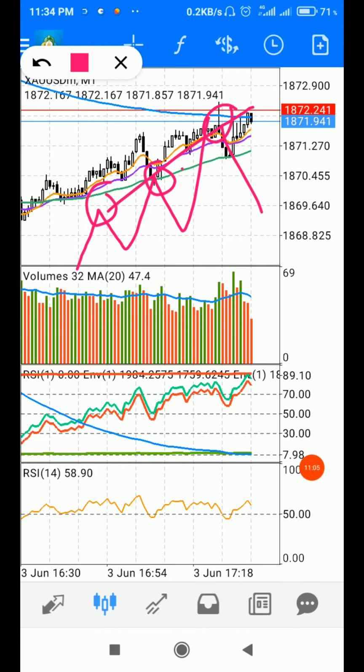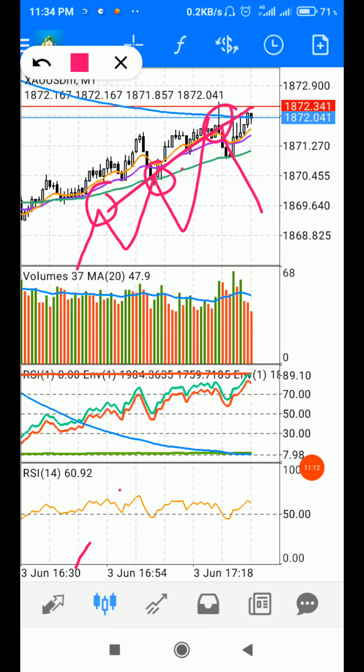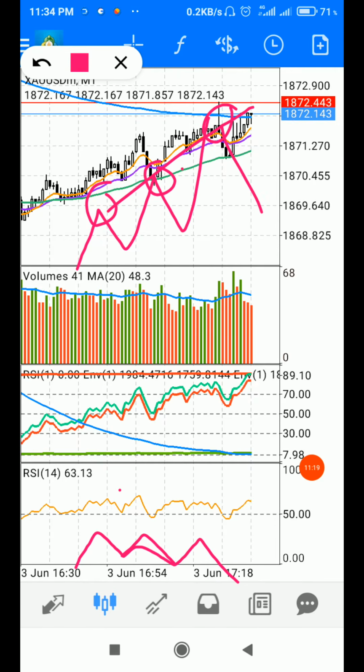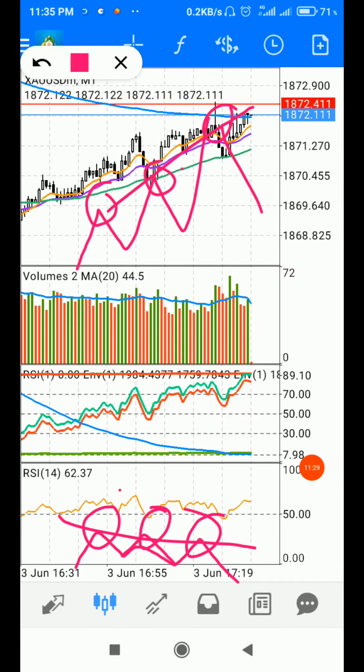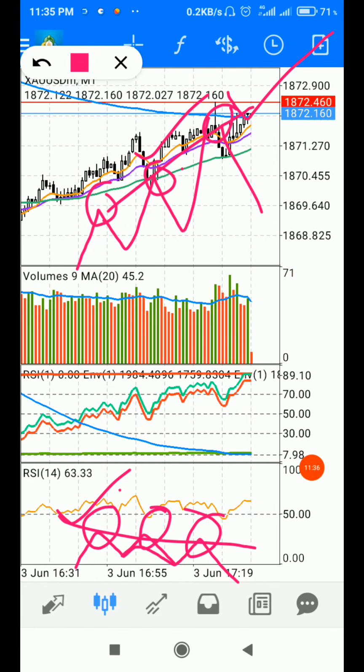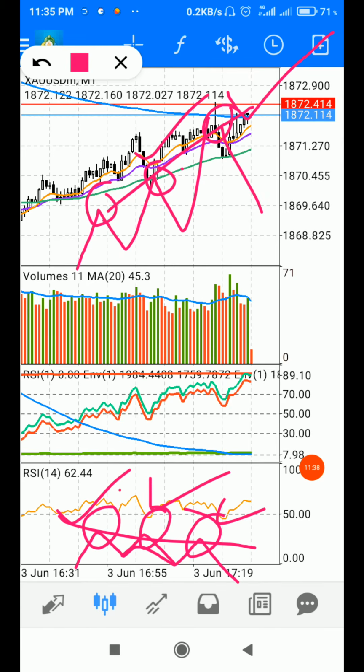And whenever you see a divergence like that, whenever you connect this high, this is a higher high, this is a higher high, and this is a high but a lower high and a lower high.